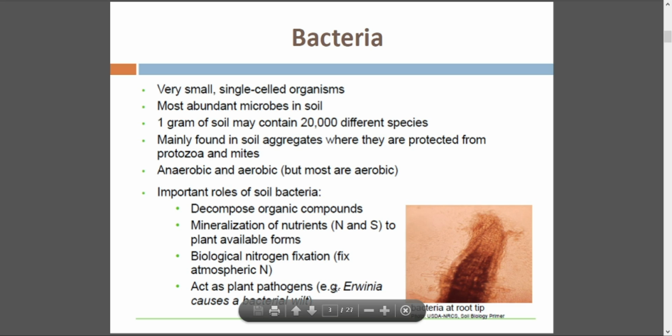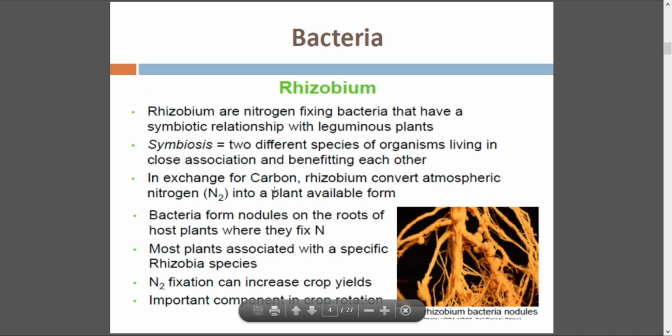For example, we have Erwinia, which causes bacterial wilt. The beneficial bacteria mainly include Rhizobium, which helps us fix nitrogen into the soil.